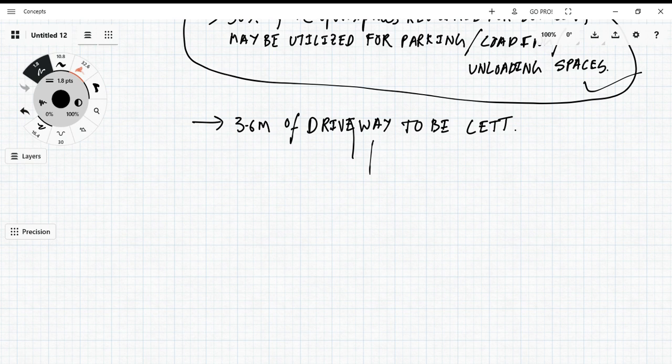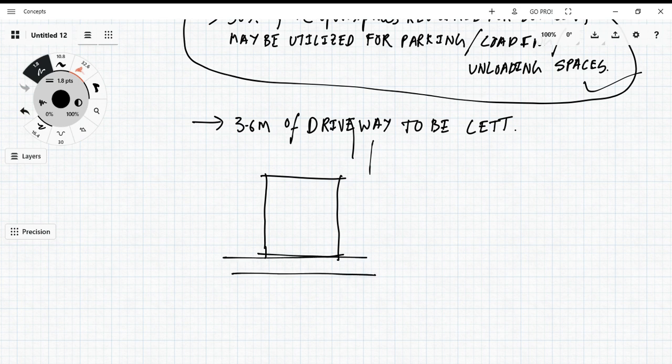For example, let's see like this. Suppose this is my site, there is an access road here. I'll construct my building here. Suppose I have some extra space, so this is the total site. Whatever backyard space is there, I'll try to use it for parking. I have my site entrance here.